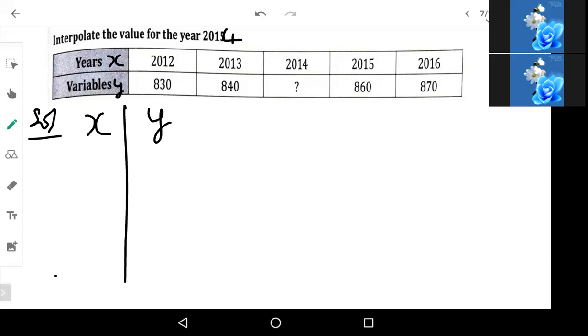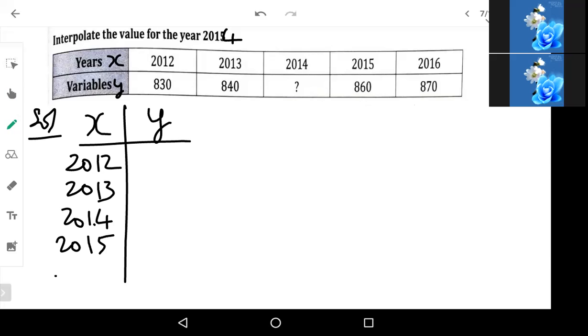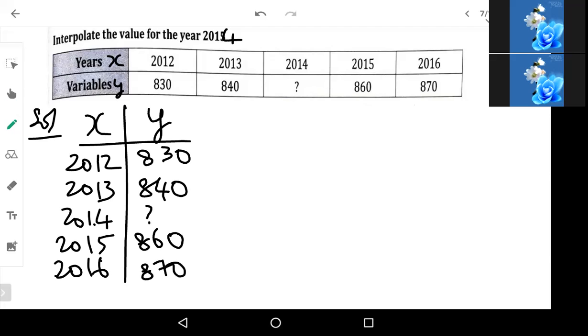The independent variable is X, that is years, and the variables are Y. So just write down the same values: 2012, 2013, 2014, 2015, 2016. And then the values 830, 840, we don't know, so it's a question mark, then 860 and 870. Yeah, so we have represented the problem in the tabular format.